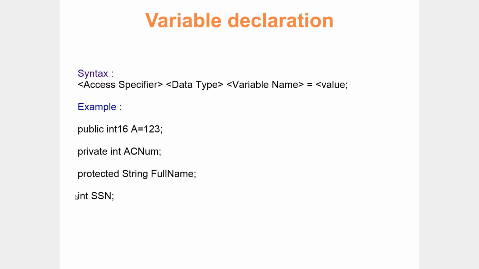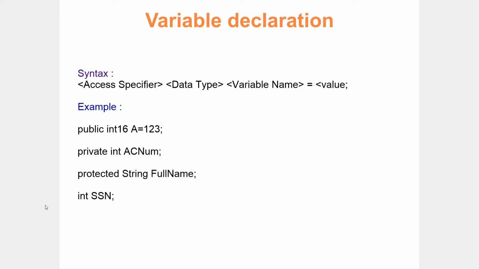That is mandatory. But if you don't specify any access specifier, still it will be accepted. By default, it will be considered as a private data member, so the scope will be limited up to only your class level.